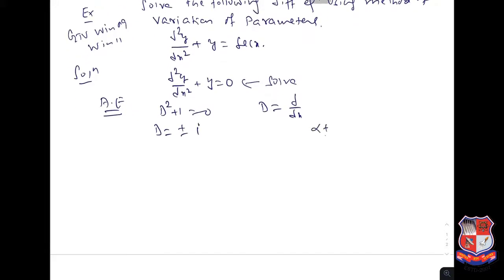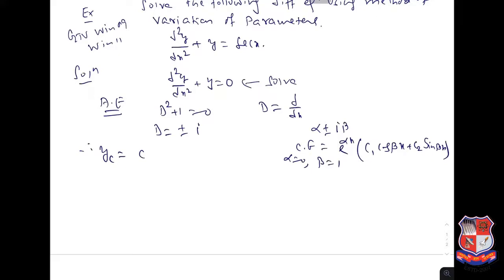We also know that if the roots are alpha plus minus i beta, then the CF is e power alpha x into c1 cosine beta x plus c2 sine beta x. So the complementary function is e power alpha x, where alpha is 0 here and beta is 1 here.